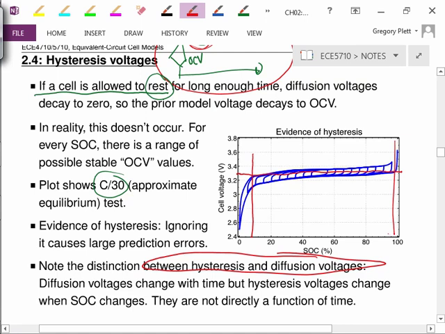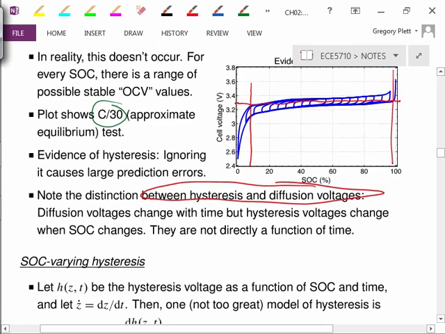And if I don't understand the hysteresis component of voltage and I just try to look up a state of charge in a voltage curve like this, I'm going to have a huge margin of error, anywhere between 10 and 95%. Well, that's an 85% window, and that's useless for any application at all. So hysteresis is important to know if I want a really precise estimate of state of charge and some other things also.